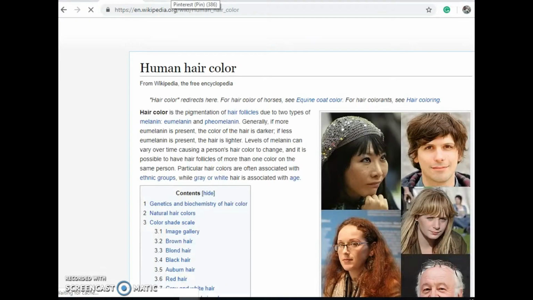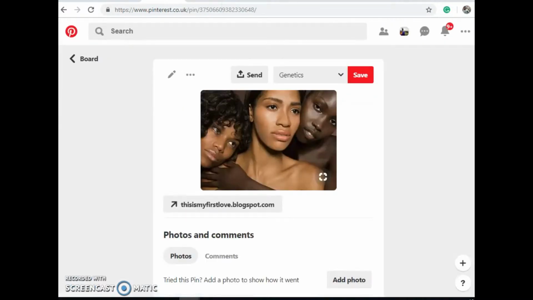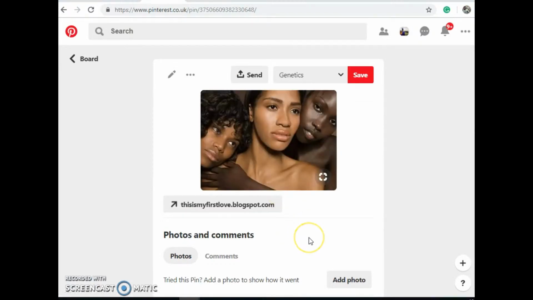You've got black and brown. These are the two variations of eumelanin. This girl here in the middle has a lot more brown eumelanin and less black eumelanin. So she has a lot of brown eumelanin, but very little black eumelanin.